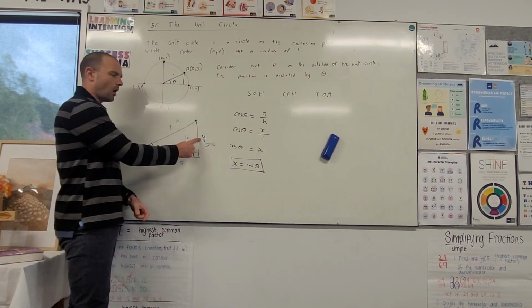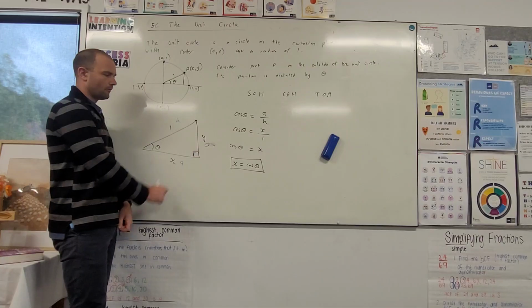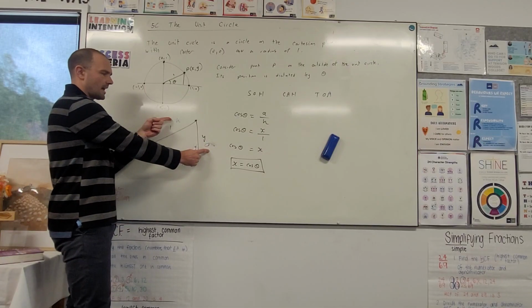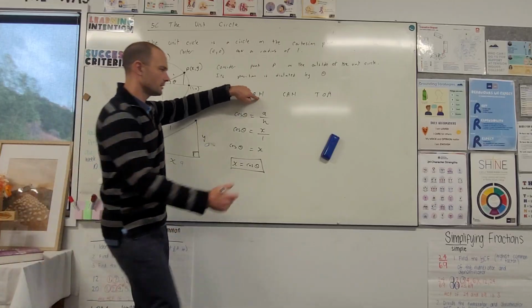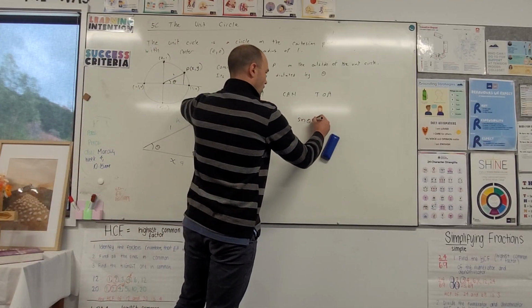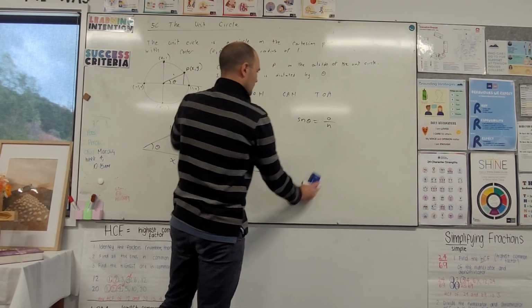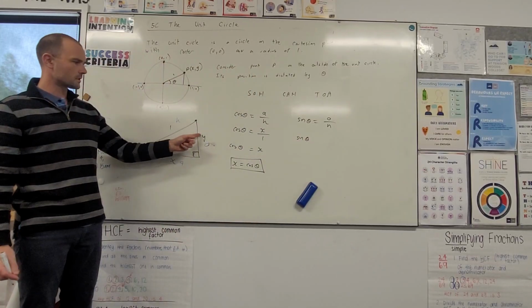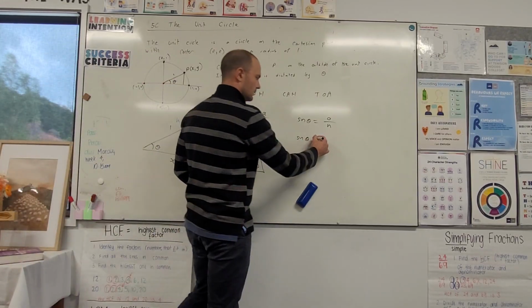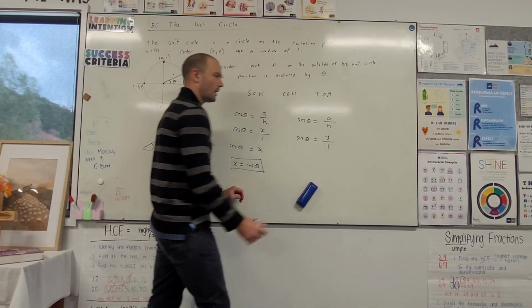Let's repeat it for y. So if we want y, we've got a ratio involving O and H. O and H, that's going to be sine, right? Sine theta is O on top of H. So O corresponds with y, and H corresponds with 1.